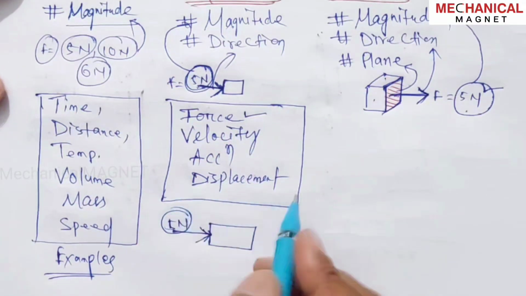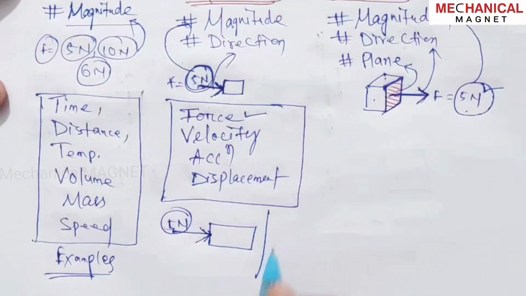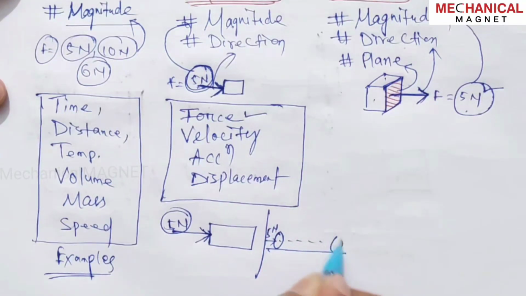Another thing, coming to displacement. Suppose this is a body on the surface. When you apply a force of 5 Newton, the body will be displaced from this point to this point, from here to here, so a displacement is there.